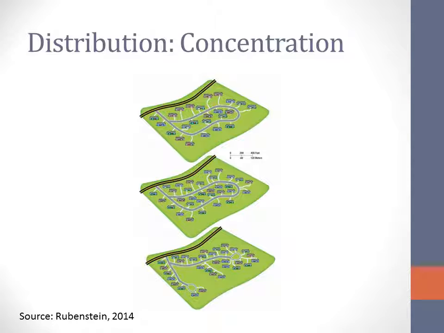But the distribution of the houses is more clustered in the lower plan, because the lower plan has shared open space, so the houses are clustered together, but the middle plan provides larger private yards rather than the shared open space. So there's more space surrounding each house. Pause this and take some time to understand the concepts of concentration, dispersion, and density.